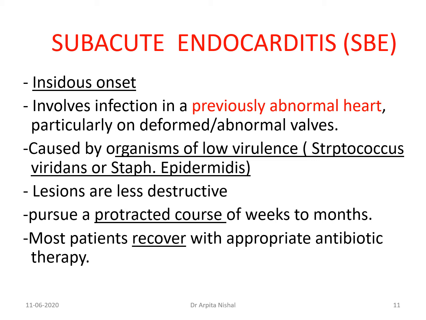In subacute endocarditis, complications are less common, whereas in acute endocarditis it is a destructive lesion, and therefore the affected valve is rapidly destroyed and many complications may occur. So acute endocarditis is caused by a highly virulent organism on a previously normal valve, whereas subacute endocarditis is caused by a low virulence organism on a previously abnormal or deformed valve.